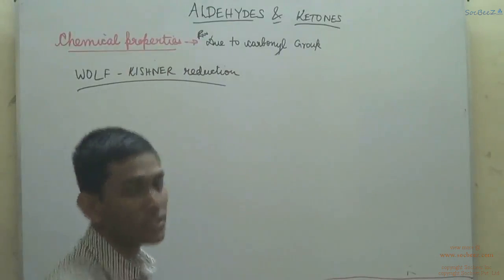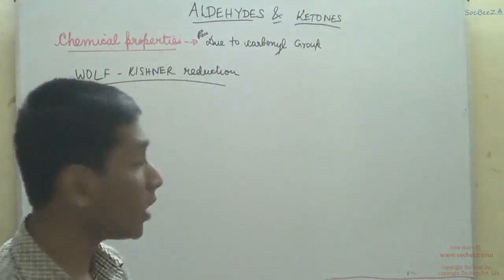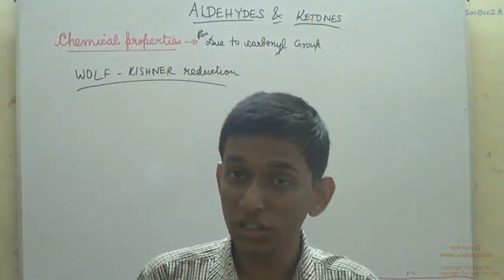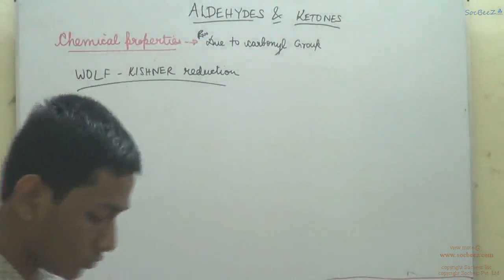So this is just the opposite of Clemmensen reduction, not opposite but contradictory. So what happens in this reaction? This reaction does not fare with acid sensitive compounds and high molecular weight compounds.